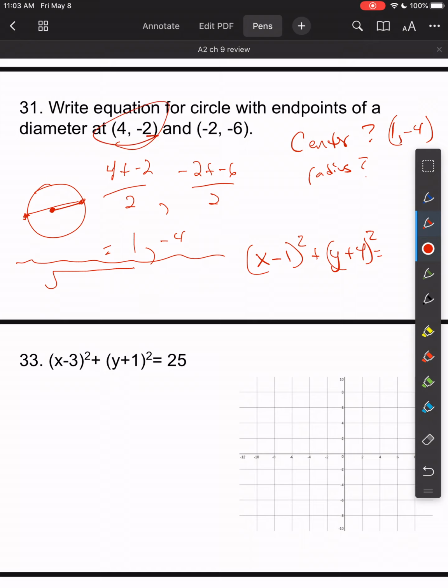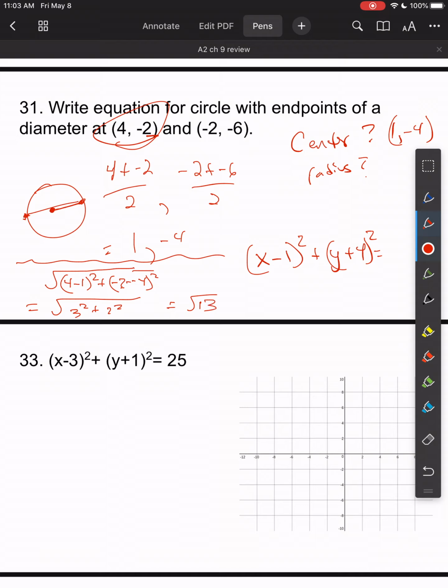The change in x squared, so 4 minus 1 squared, plus the change in y, negative 2 minus negative 4 squared, is equal to the square root of 3 squared, and then negative 2 minus negative 4 is plus 2. 2 squared is 4. So this is the square root of 13.